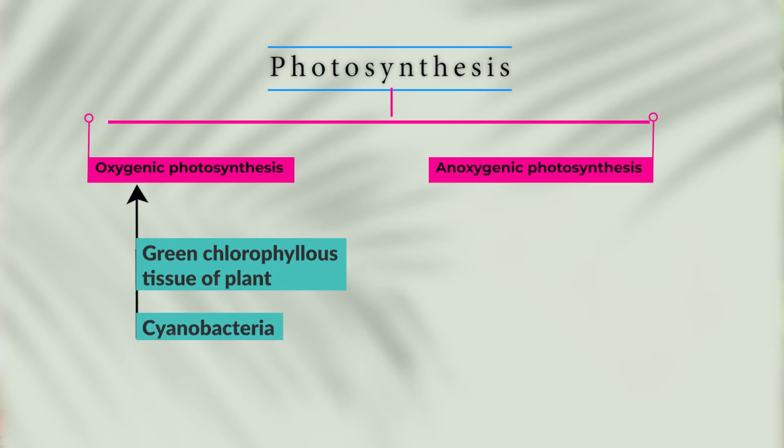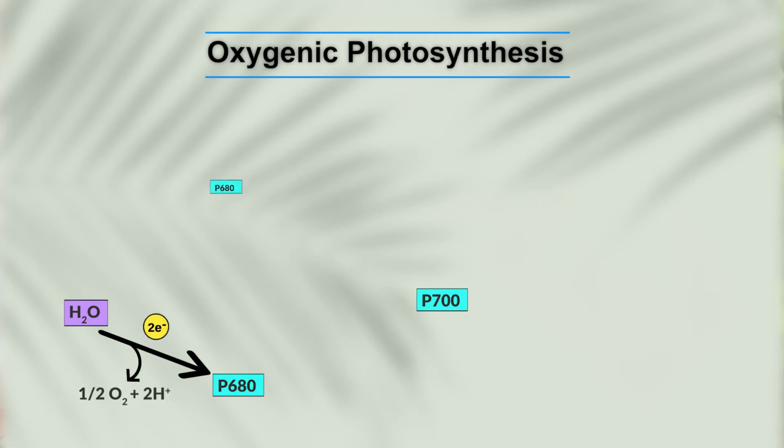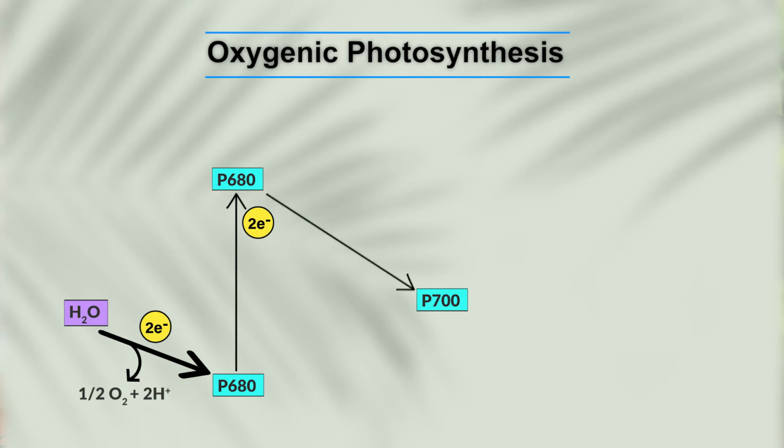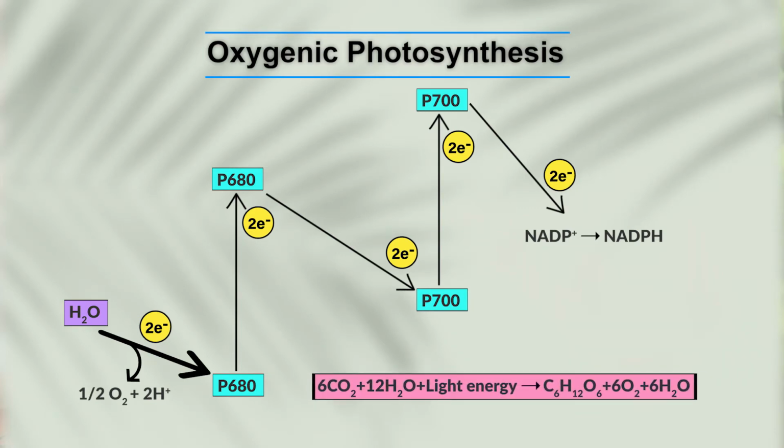It is also taking place in the cyanobacteria, where clearly there are two photosystems, namely the P680 and the P700, and the P680 is involved in the breaking of water molecule and release of oxygen. And the electron liberated from P680 through various carriers comes to P700, whereas the electron liberated from P700 is coming to NADP and is reducing that.